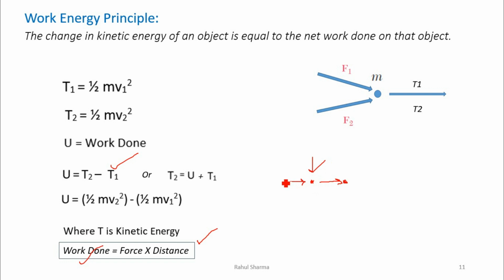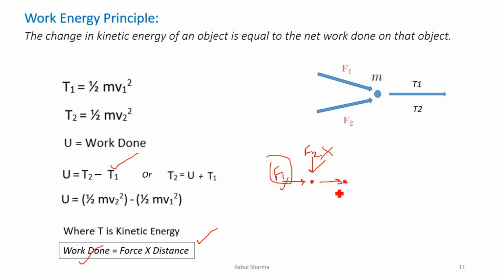So if I say this is the F1 force and this is the F2 force, now if I have to calculate the work done in this case, the work done will be due to F1 force. There is no reason of taking F2 in the equation of work done, because only F1 force is responsible for the work done in the given direction.